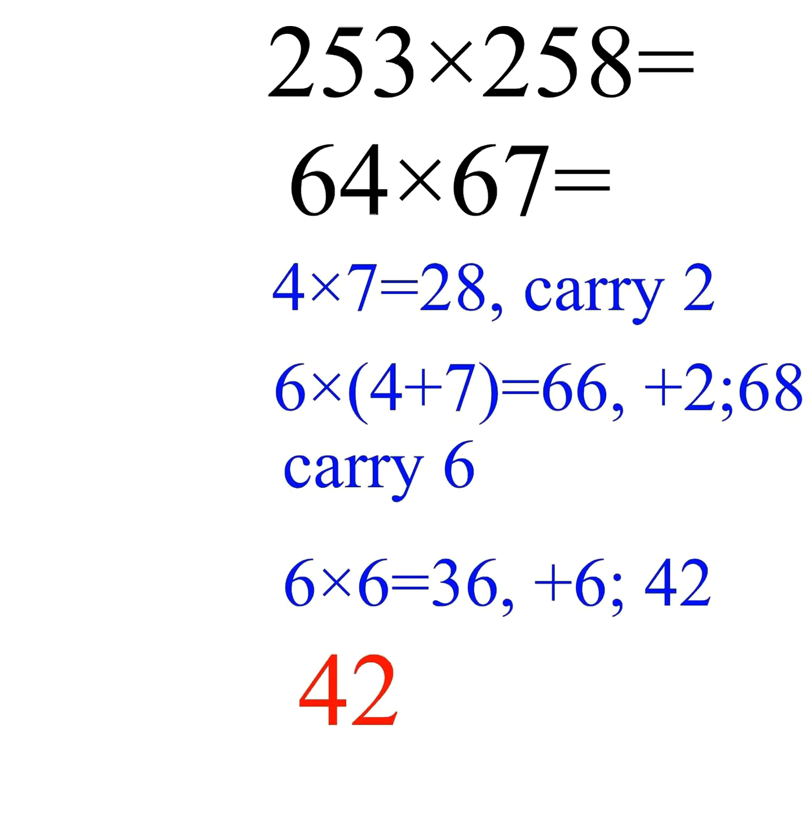So we write down 42, next to it 8 above, the ones place of the second step, and next to it the ones place of the first step. So this is our answer. Now let's get back to our previous example.